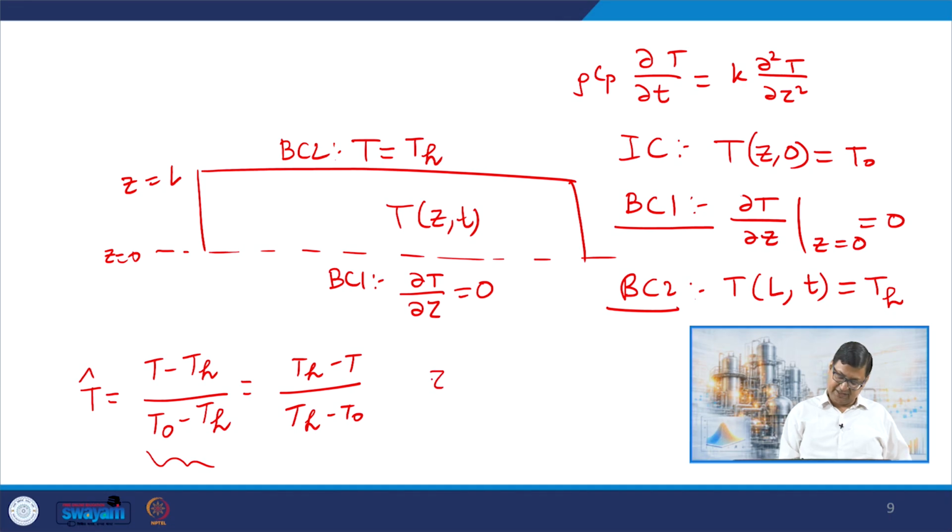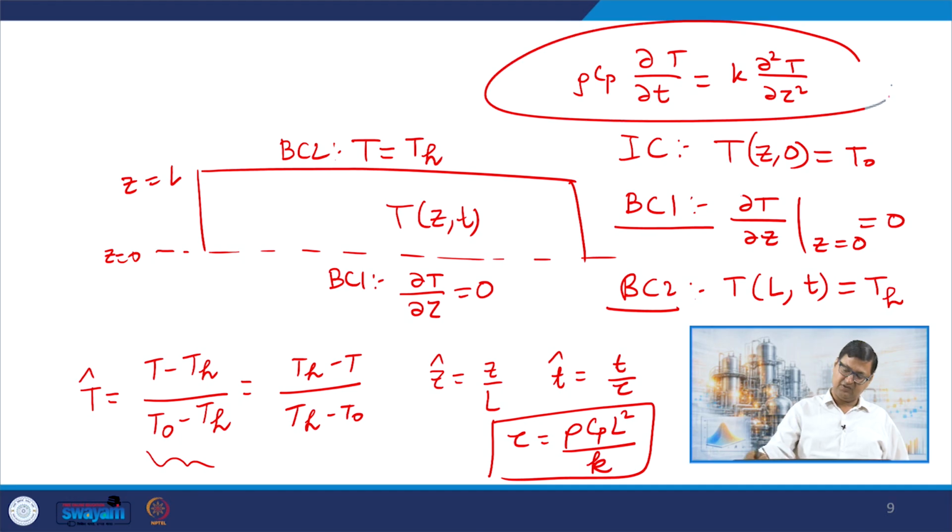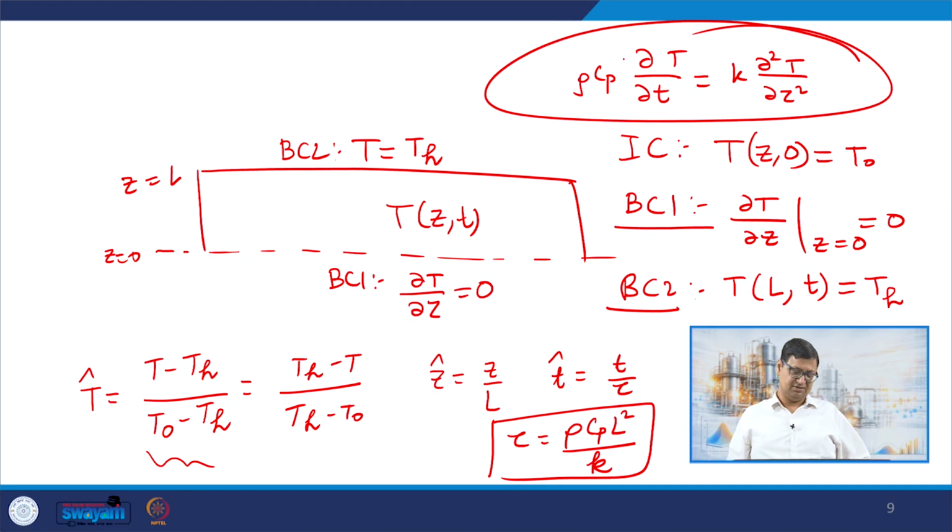And then I can define this z cap as z by L, and I can again define my small t cap as t by tau, where tau is equal to rho Cp L square by k. That is simply coming from that equation. That equation has not changed, and the dimensionless form is also not changed. So therefore, there is going to be no change in our choice of dimensionless variables.